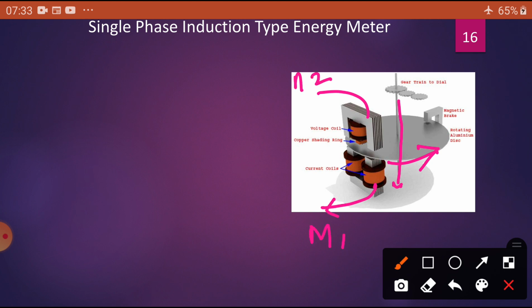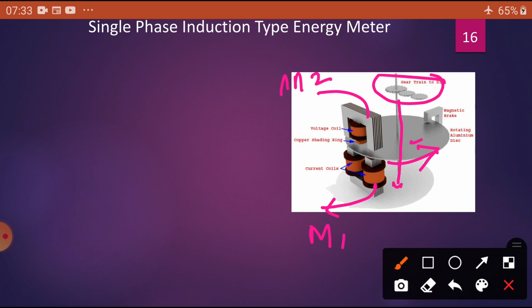The aluminum disc is placed in between M1 and M2 and connected with a lightweight alloy shaft. The shaft is placed on bearings, and one side is connected to the recording counters.